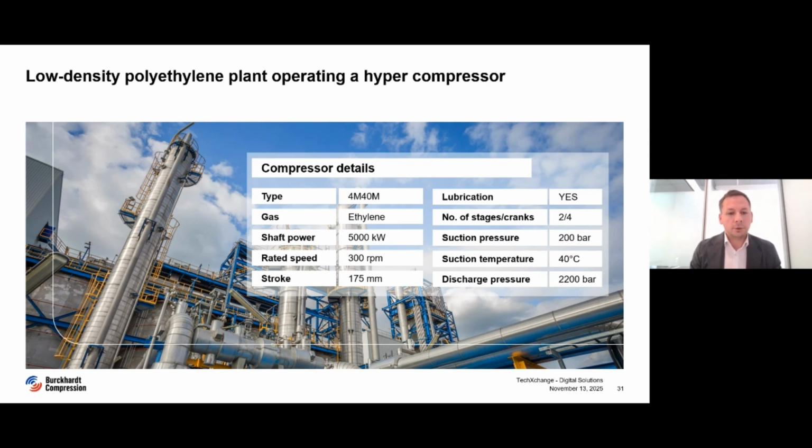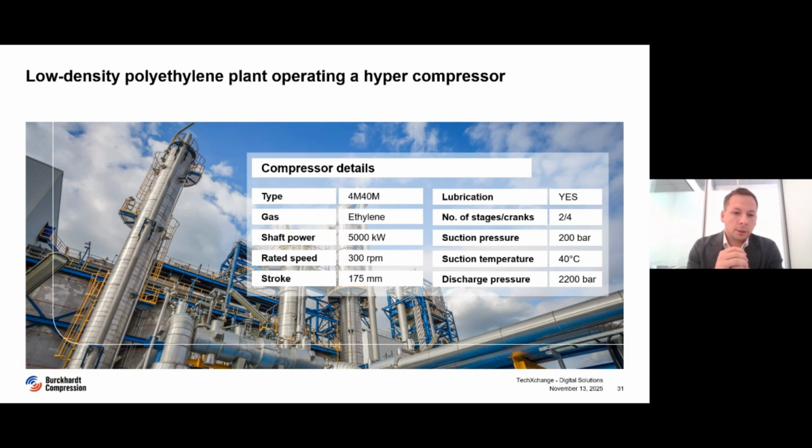It serves as a hyper or secondary compressor. The duty of the machine is to supply gas, which is compressed to quite a wide range of very high pressures from 2000 to 3500 bar, to the reactor for polymerization. And this is a very critical machine. It's very common that such machines have no backup unit.